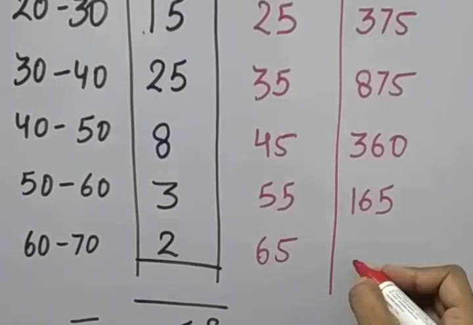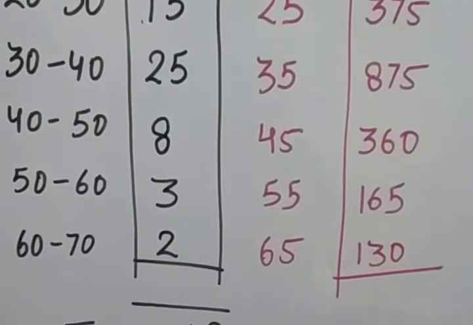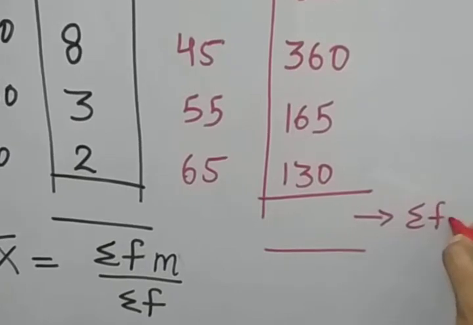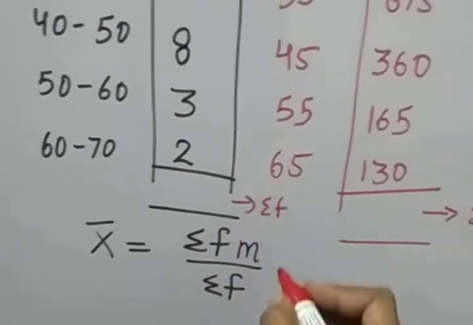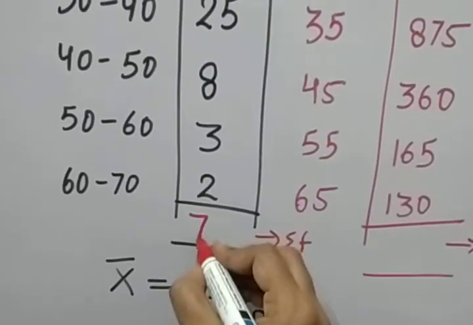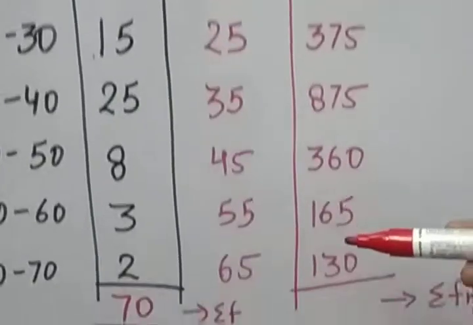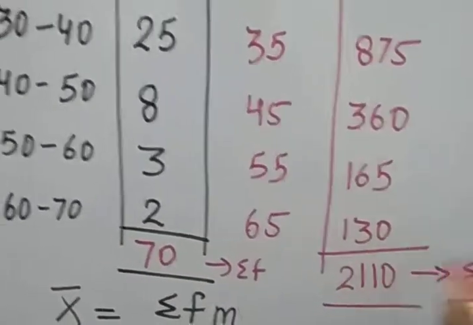And 2 into 65, 130. Now we want the total of these values, which will be known as summation fm, and the total of the frequency will be summation f. So the total of the frequency is 70 and the total of all these values is 2110.